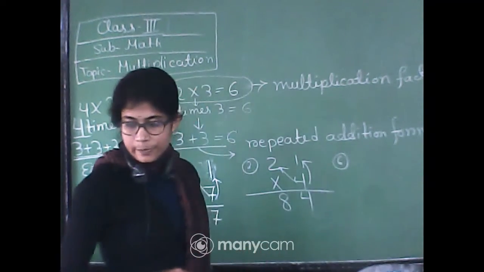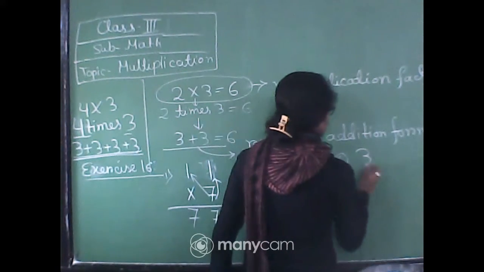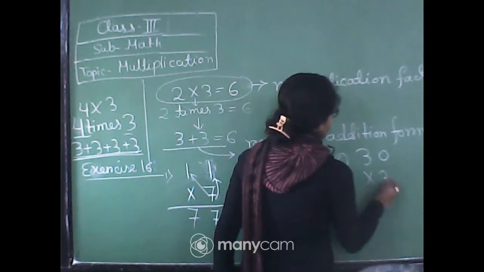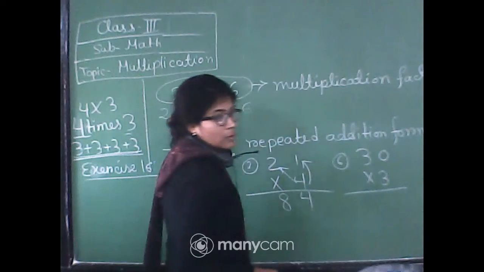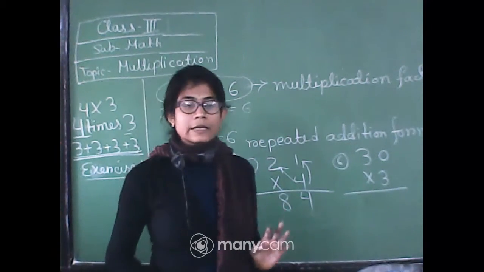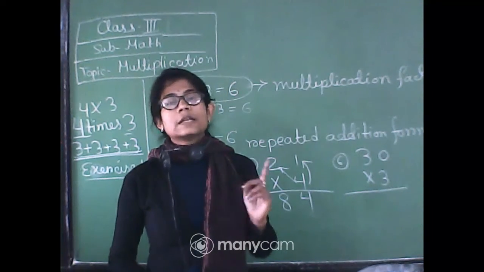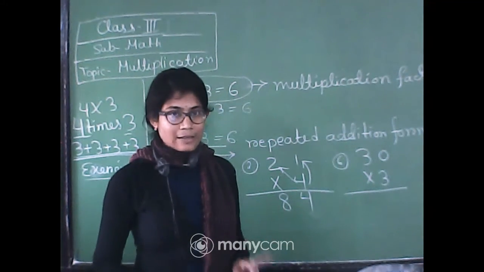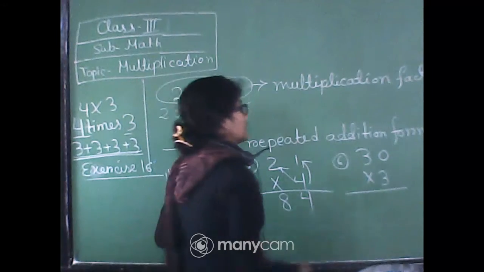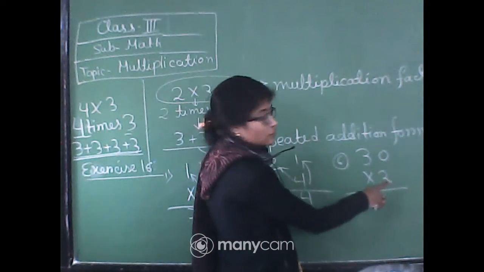Now move to the sixth example. 30 multiplied by 3. Listen, if you multiply any number with 0, you will always get 0. The answer will always be 0. So here, first see, 3 is on the bottom.